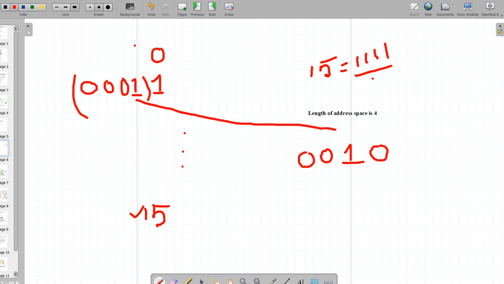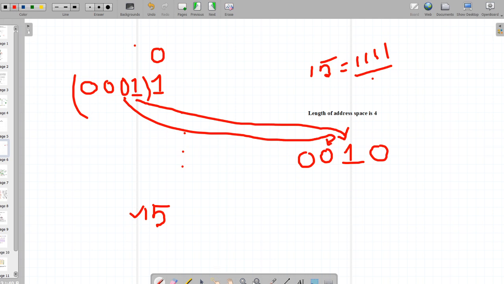The rightmost bit has been shifted towards its left by a single bit, then the next bit, that means this 0, is again shifted by a single bit towards left.